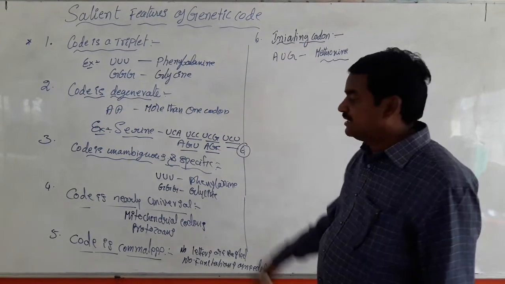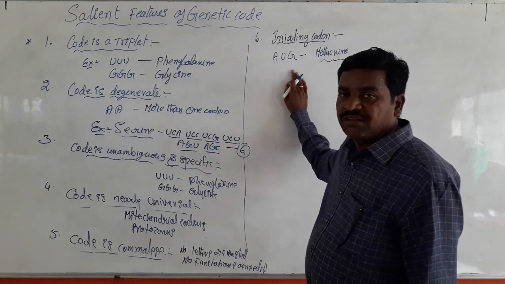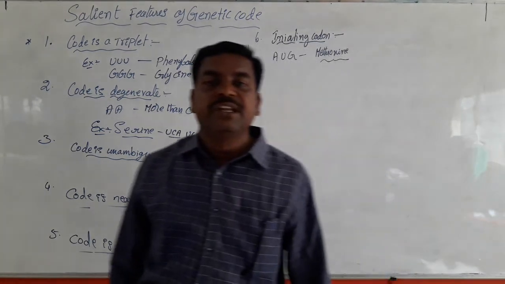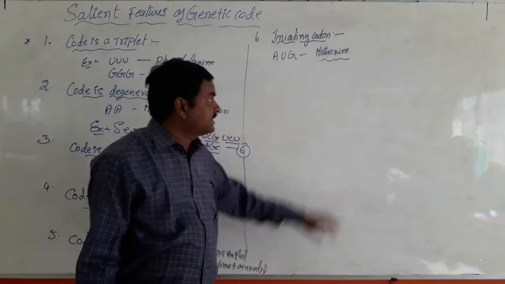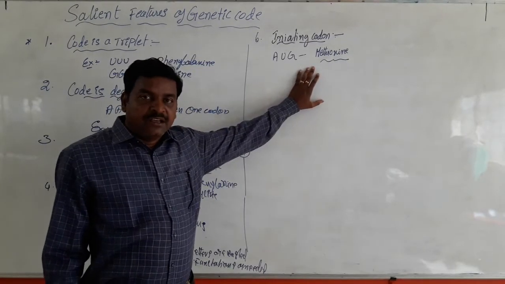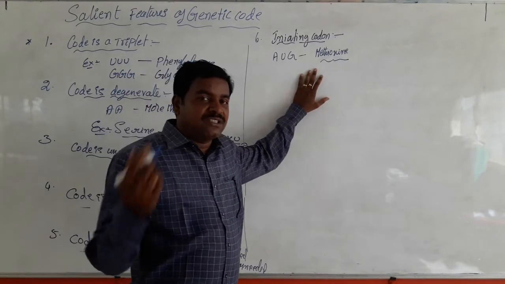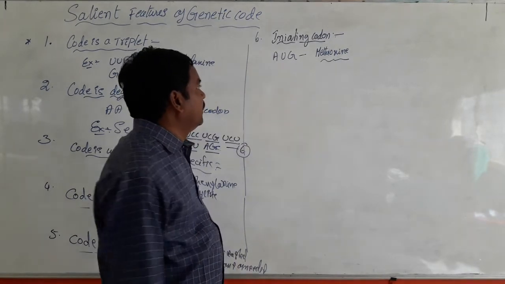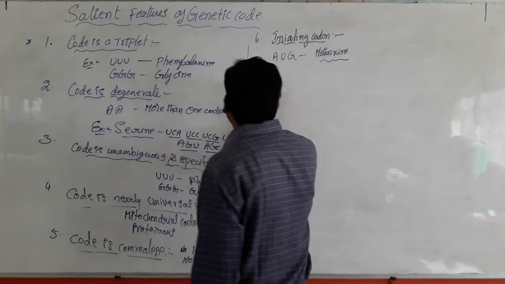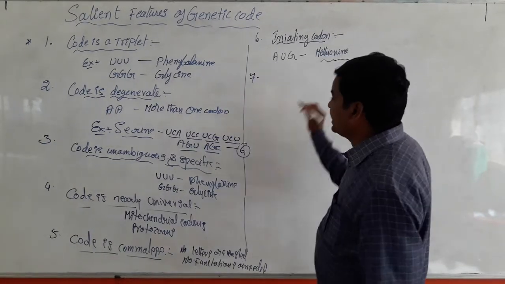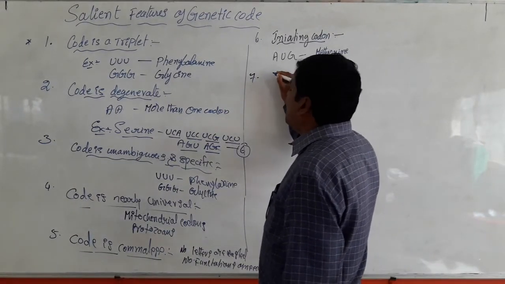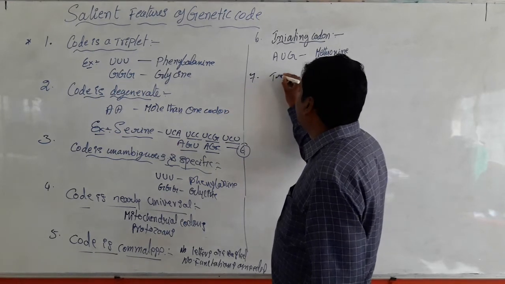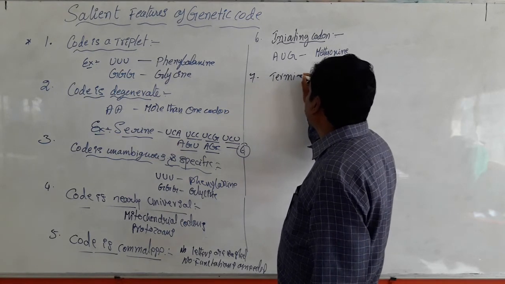Because of this, the AUG codon is considered a dual codon. That is AUG.